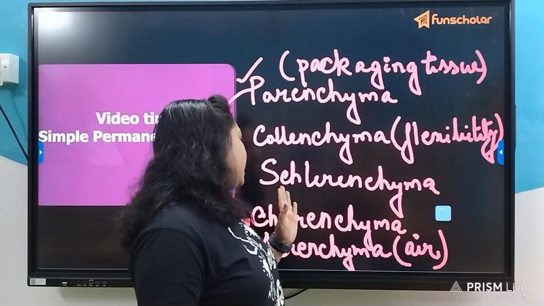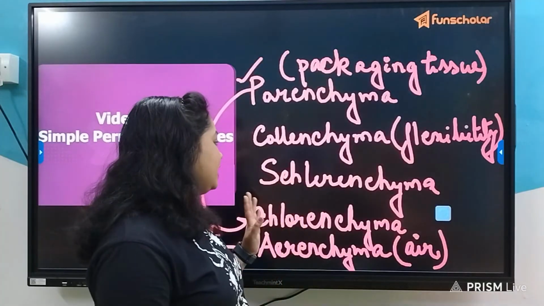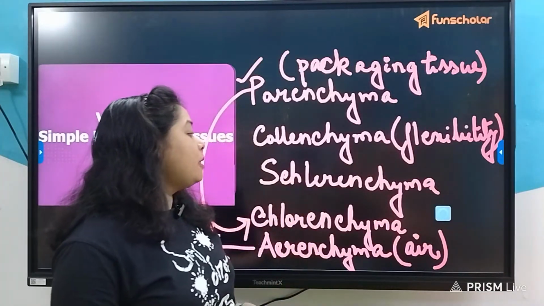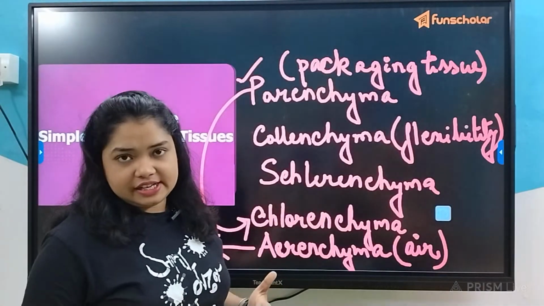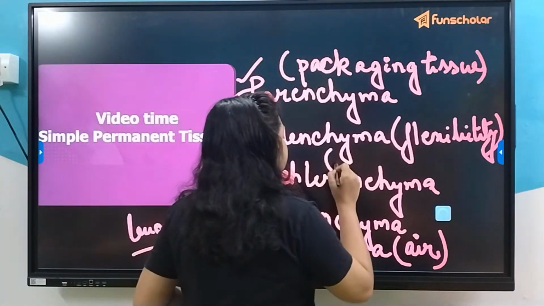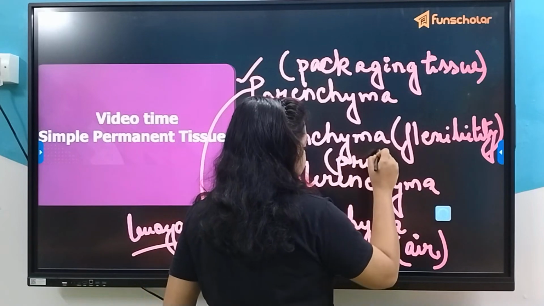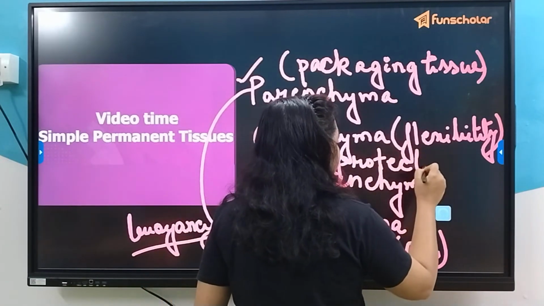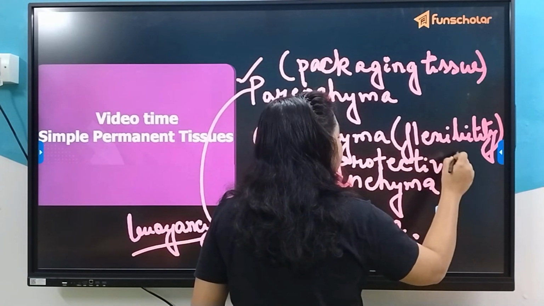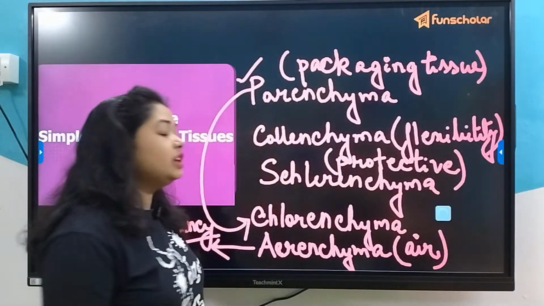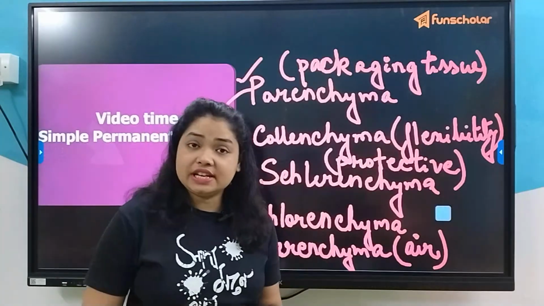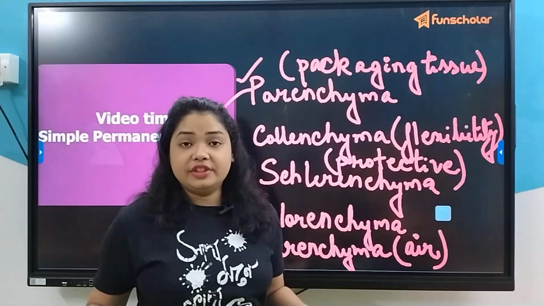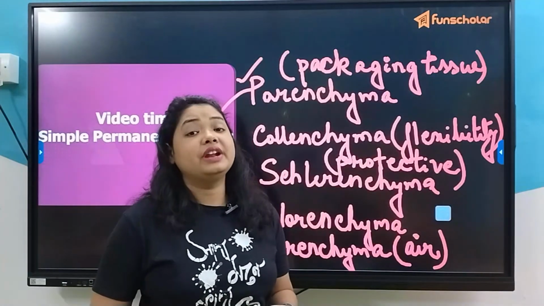And the last type of simple permanent tissue is sclerenchyma, which helps the plant to actually protect itself. Its nature is protective. Sclerenchyma is made up mostly of dead cells, just like the bark of the tree that is made up of dead cells.